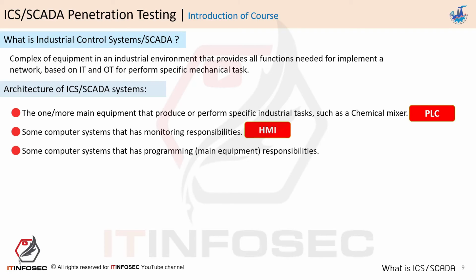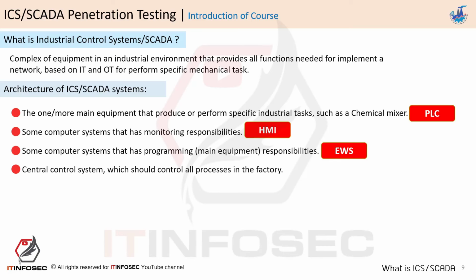Some computer systems have the responsibility of programming the main equipment. It is used for programming. It is not the PLC. The PLC is programmed by this device, the Engineering Workstation, or EWS. That is the computer that has the related software for programming the PLC.